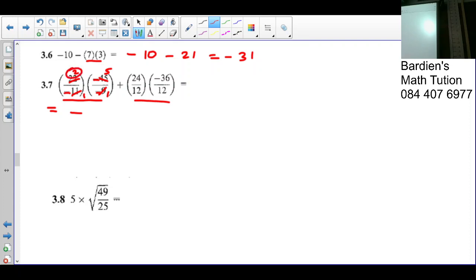So what's 5 times 2? 10, over 1 times 1 is 1. So positive times a negative? Negative. All of that is positive, so it's not going to make any difference. Not so?